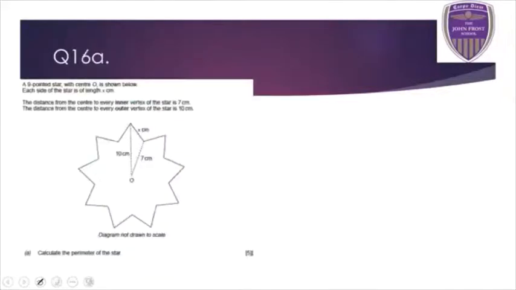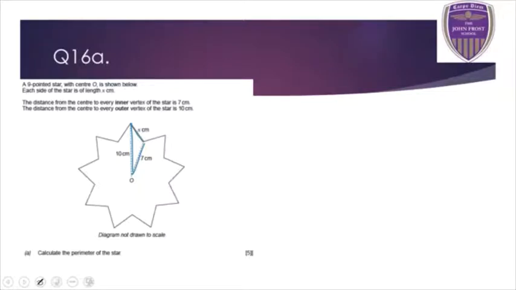Okay, question 16 is a 9-pointed star with centre O. Each side of the star is of length x centimeters. So you're working with a regular polygon. The distance from the centre to every inner vertex is 7 centimeters, and the distance to every outer vertex is 10. And you can see that on the diagram, that's 10, that's 7, and that's your x on the outside, okay?